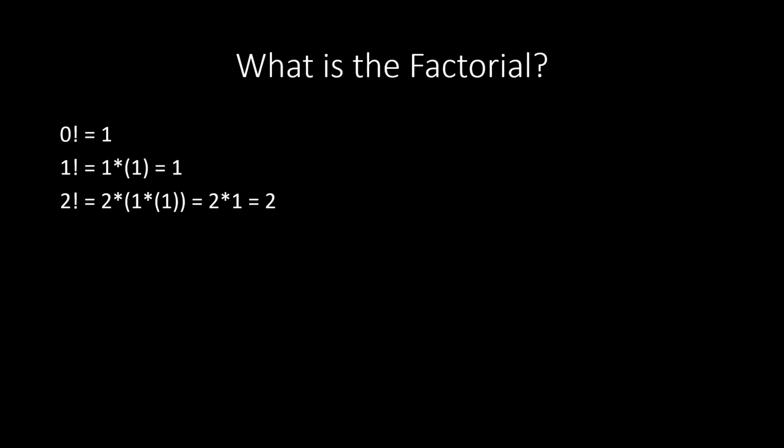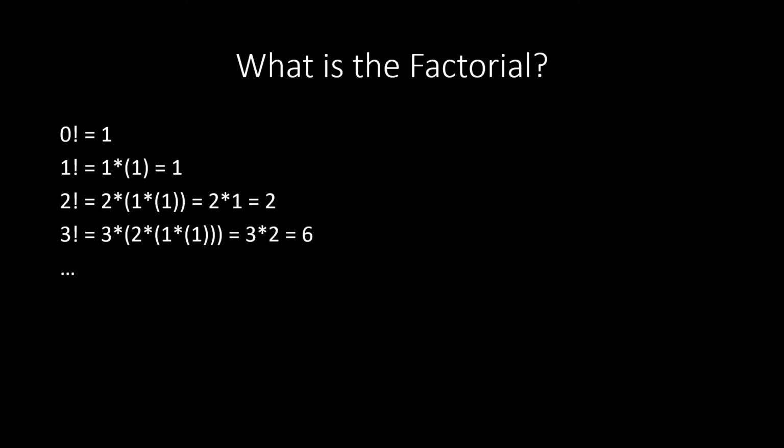Then we have 2 factorial being 2 times the previous factors, equaling 2 times 1, or 2. 3 factorial, the same, 3 times all the previous, being 3 times 2 is 6.